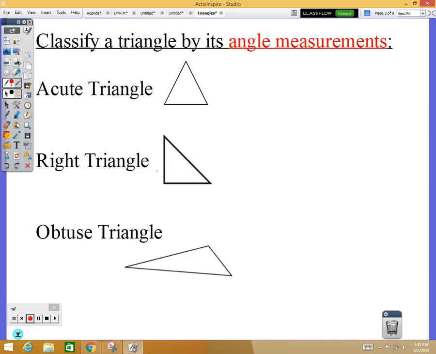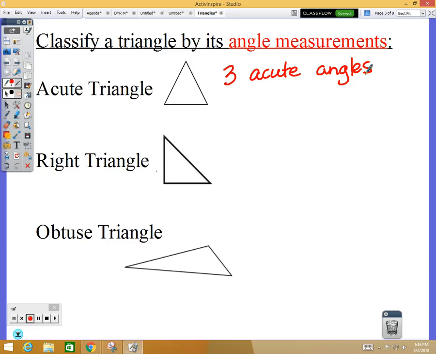So we have acute triangles, right triangles, and obtuse triangles. You don't need to worry about trying to draw the pictures. I just wanted to have them up there so that you could see them. So in an acute triangle, there are 3 acute angles. So all 3 of those angles are less than 90 degrees in an acute triangle.